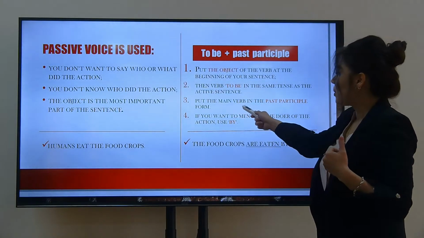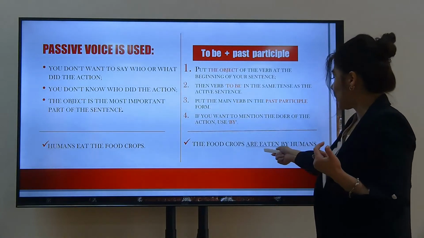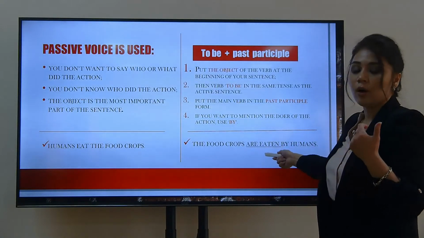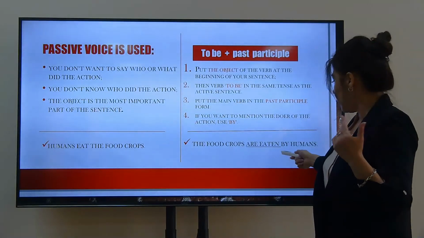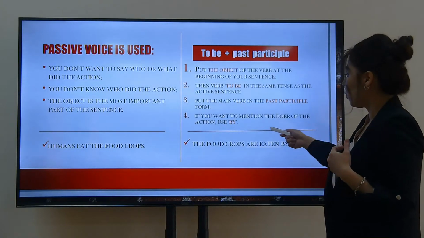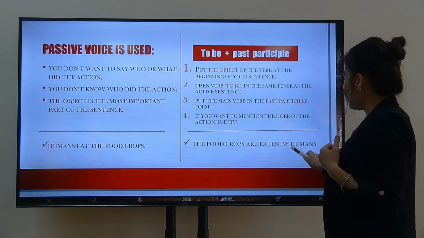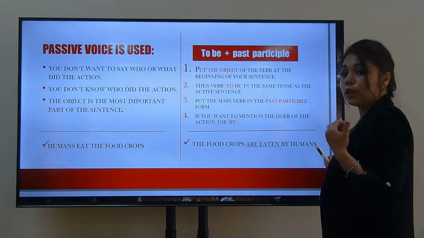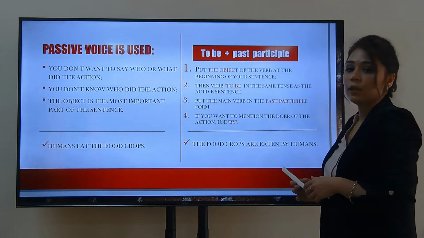And of course, put the main verb in the past participle form. Here is the past participle form of the verb eat, I mean eaten. And of course, if you want to mention the performer of the action, use by. As you see, the performers are humans. The food crops are eaten by humans.